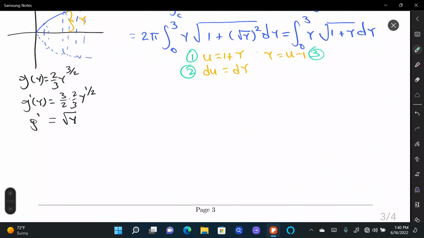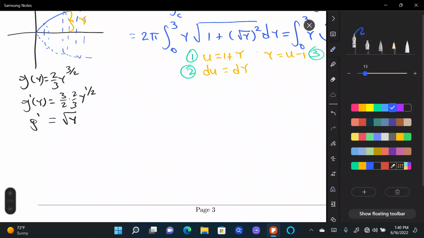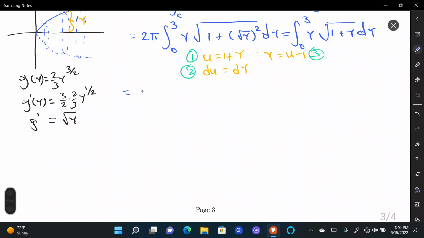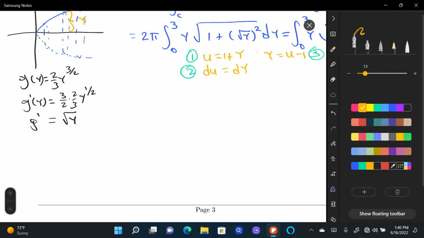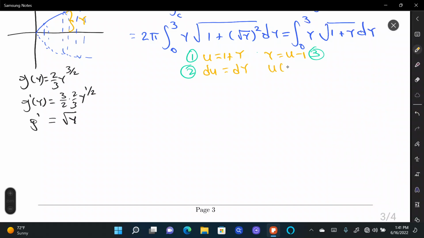So what we're going to do in this case is replace. So the integral from 0 to 3. Actually, I should change the limits of integration as well. Let me do that. So u of 0 and u of 3. u of 0 is 1 plus 0, and u of 3 is 1 plus 3.